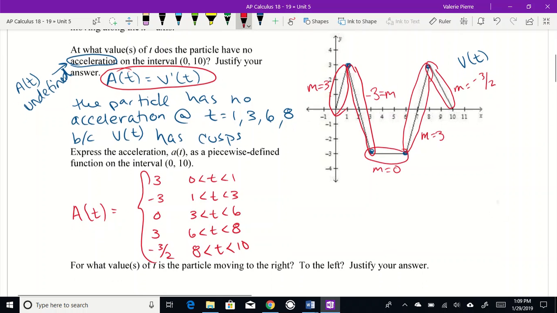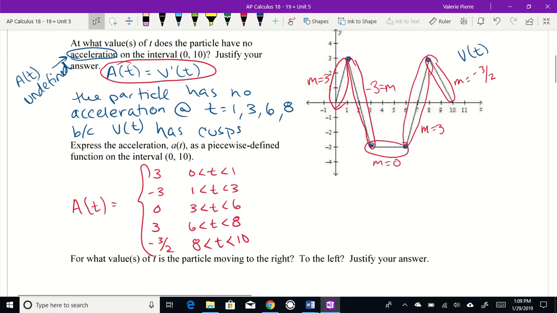So the piecewise defined function for acceleration will be as so.